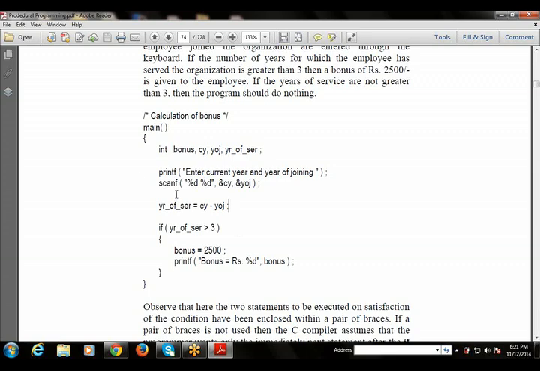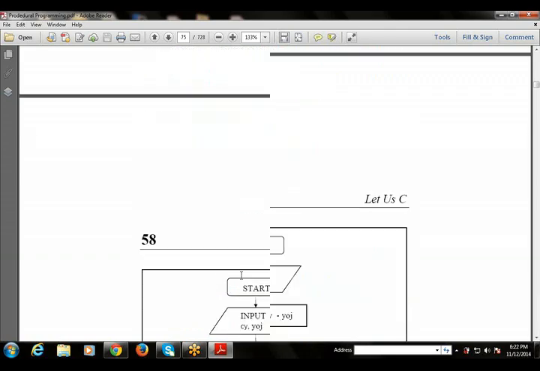Then if the year of service is greater than 3, then give the bonus as 2500 and printf the bonus. So the condition is that if the year of service, that is current year minus year of joining, is greater than 3, then give the bonus of 2500 and at last print the bonus.